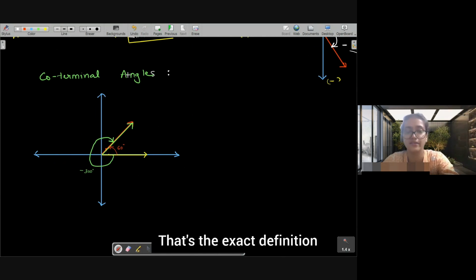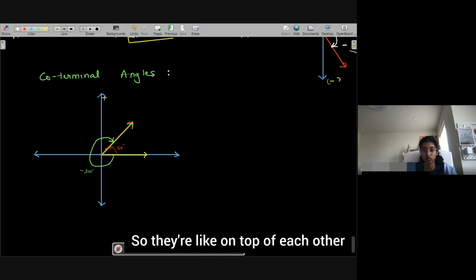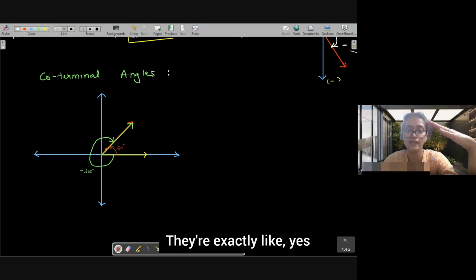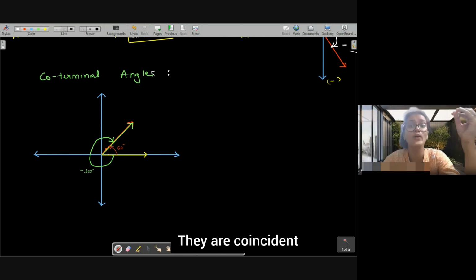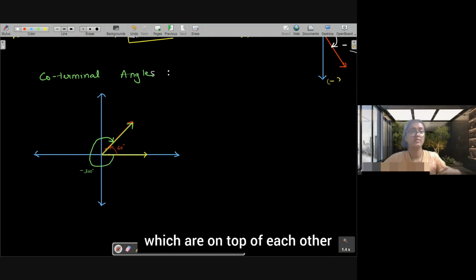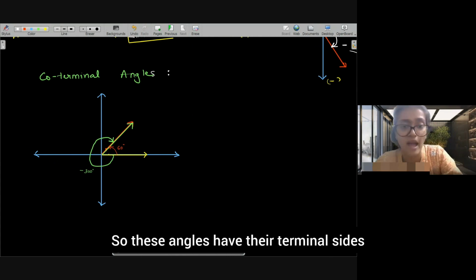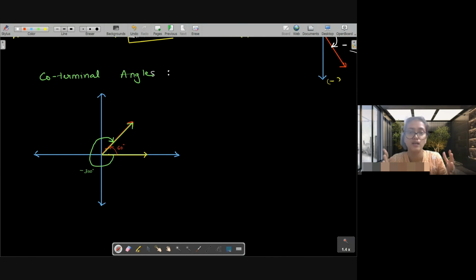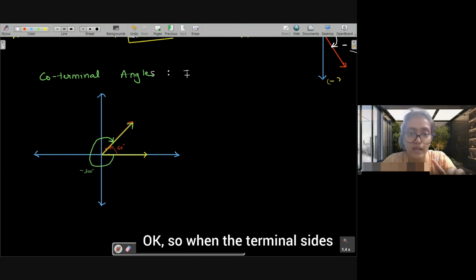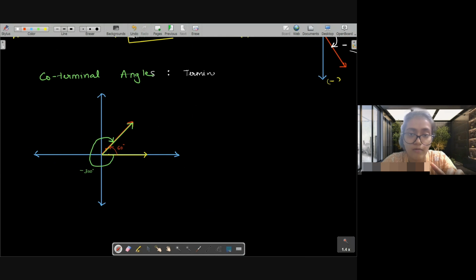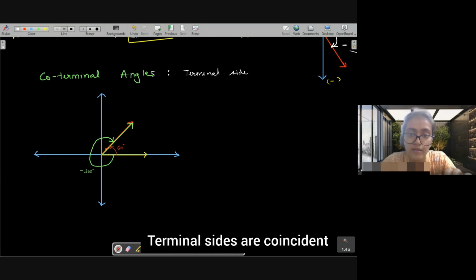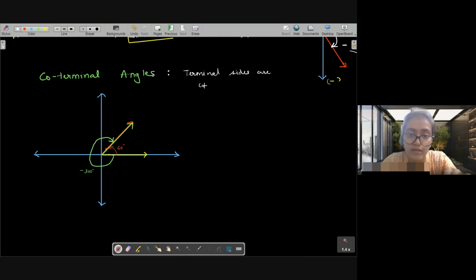That's the exact definition. They're on top of each other, they are coincident, coincident lines which are on top of each other. So these angles have their terminal sides coincident.